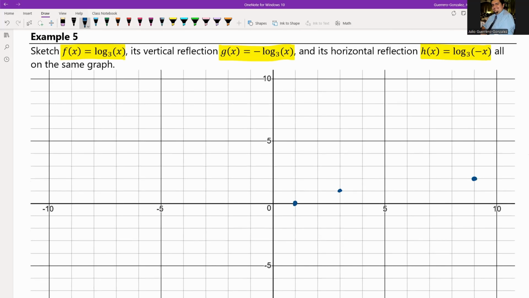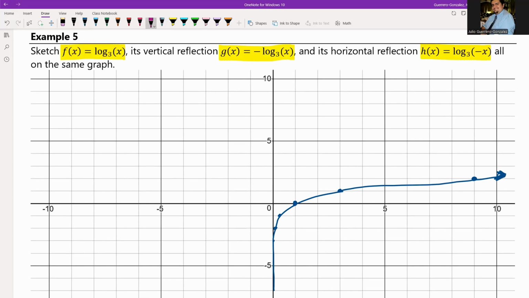Like I said, it's nothing different from what we learned before.